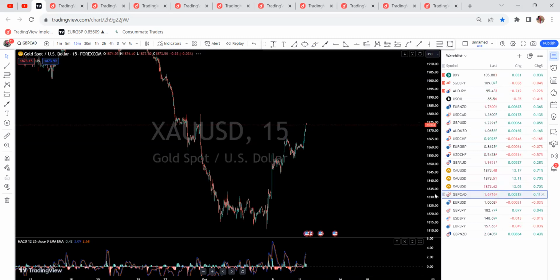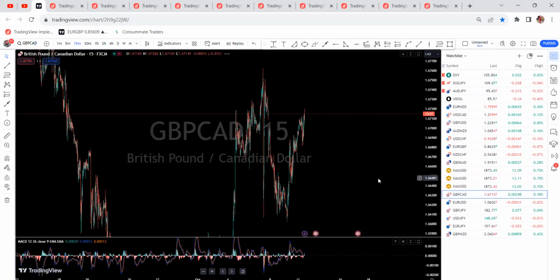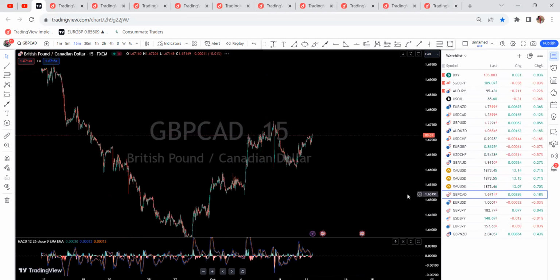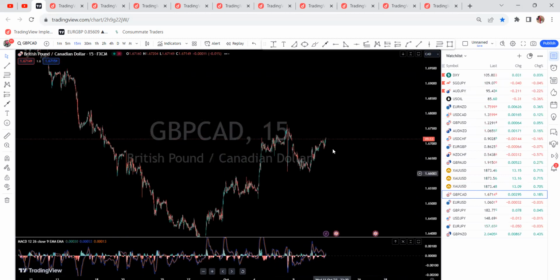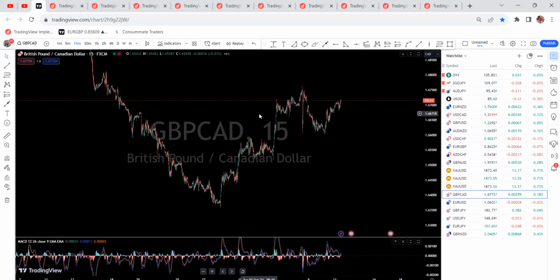All right, so GBP CAD. I will be expecting a down move based on the structure that we drew from here, after this impulse and corrective structure for another down.